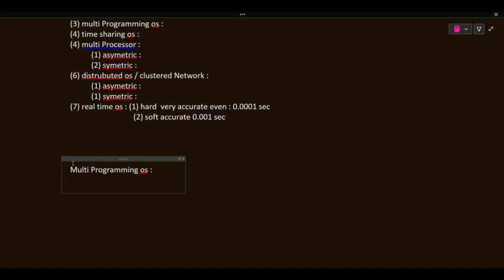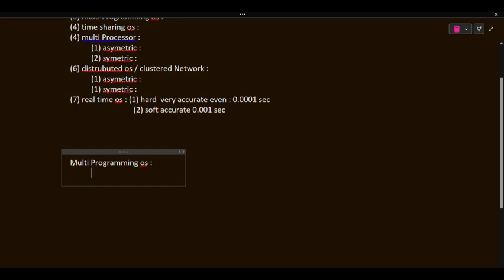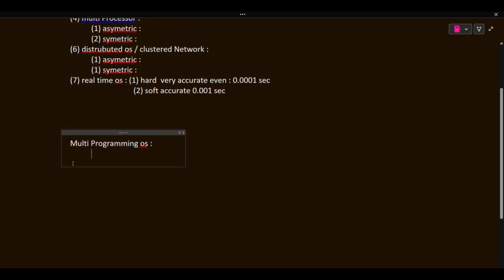The multi-programming operating system was introduced when they found some problems in the uniprogramming operating system. The program being executed by the CPU wants an input output operation, then it is waiting for the user to give the input. Until then the CPU is in the idle state, it is not working at all, which is actually decreasing the throughput of the CPU. Throughput is the efficiency of a CPU to execute the instructions in 1 second.